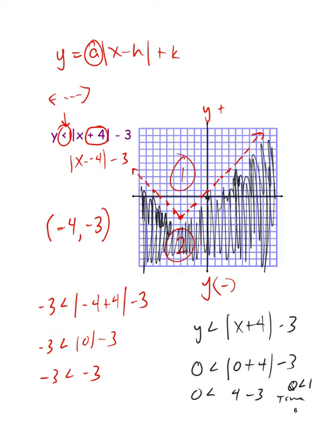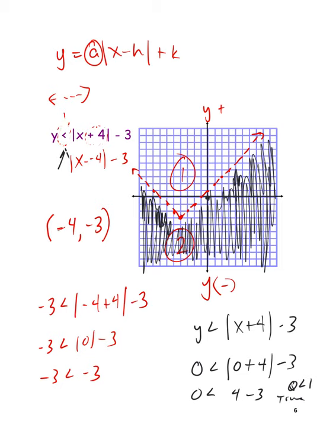The line was dashed because it was less than and not less than or equal to. And we now have the solutions that would work for this inequality. So this is, again, back to the original question. This is where y being less than the absolute value of x plus 4 minus 3 would actually work for this inequality.